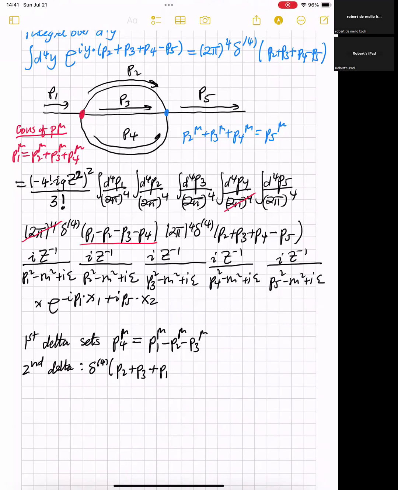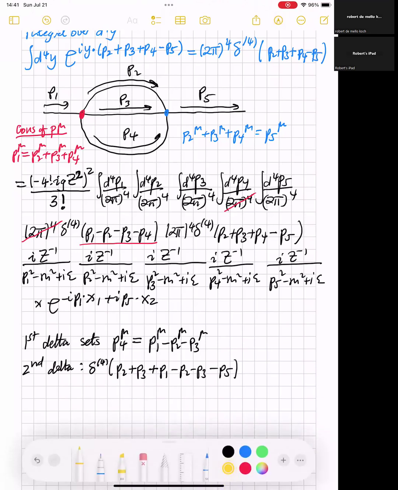So it'll be plus P1 minus P2 minus P3, and then it will be minus P5. Now, just take a look at this. We've got P2 and minus P2, so those cancel. We've got P3 and minus P3, so those cancel. So after we simplify this, we simply get delta to the 4 of P1 minus P5.